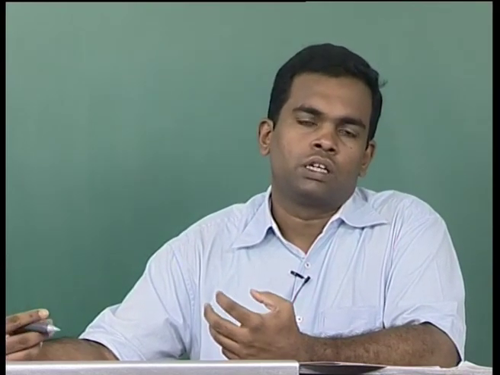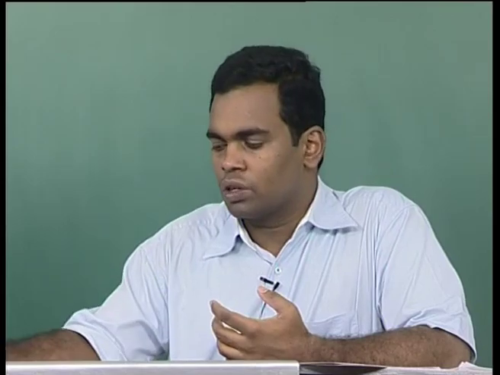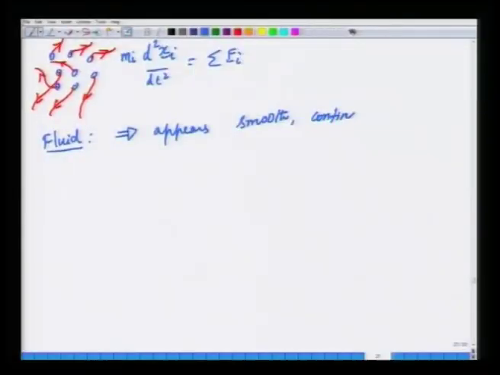For example, unless we use a sophisticated microscope, like an electron microscope or something, we cannot discern the fact that a fluid has discrete molecules or atoms present in it. A fluid normally to our naked eyes appears smooth, continuous. It appears smooth and continuous.